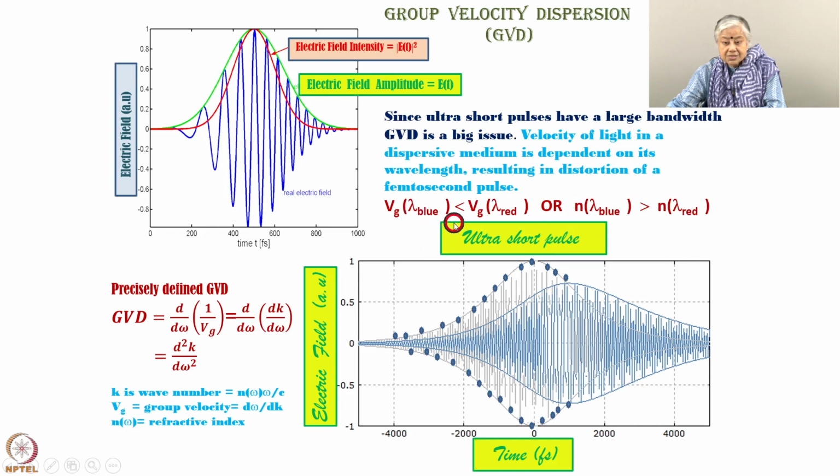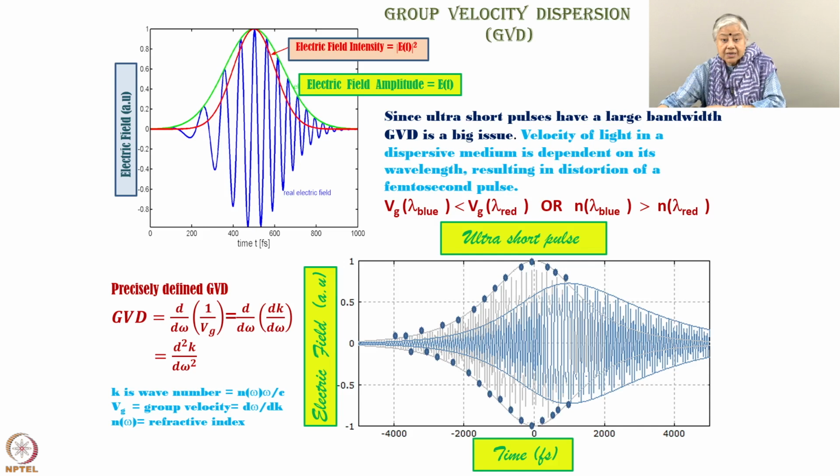If the velocity is increasing, then the refractive index is less, or the other way around. This is the basis of your group velocity dispersion. So, all these wavelengths are dispersing away in space, in a medium through which this light is passing.